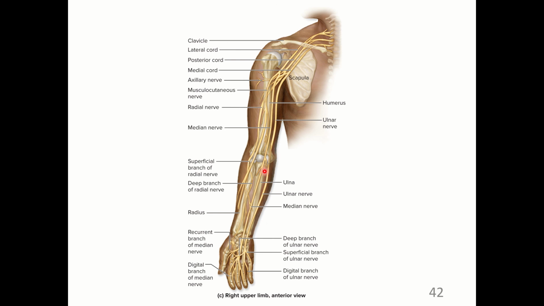And this is the funny bone right here. So if this medial epicondyle of the humerus and then the ulna, the olecranon of the ulna gets banged, it will cause a tingling sensation because this nerve will have been hit.